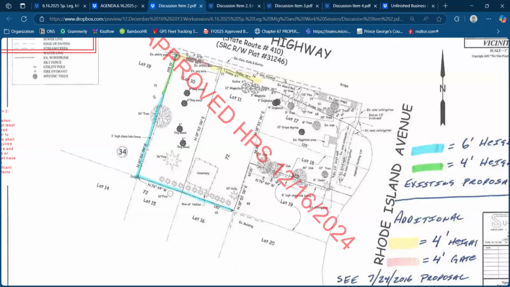So I'm very appreciative of RHS putting forward this effort to have this fence constructed, and I support it wholeheartedly.